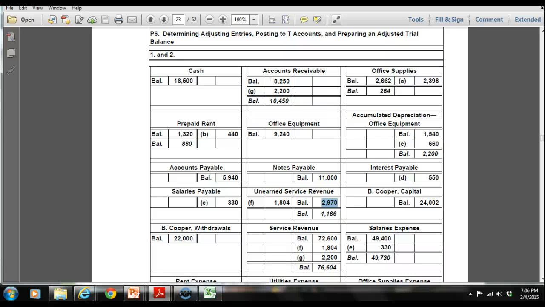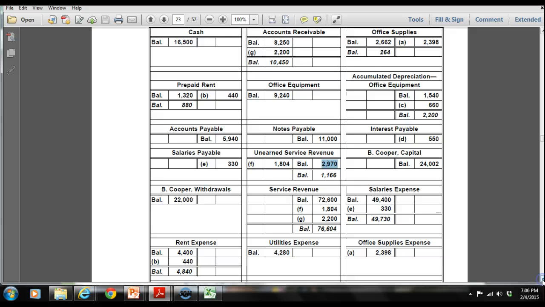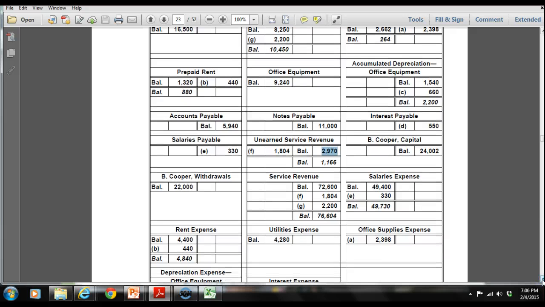Our office equipment didn't change, but our accumulated depreciation on our office equipment changed. It's a normal credit balance here because it's a contra account. If we add those two up, we should have a balance of $2,200. Our accounts payable, nothing changed there. Our notes payable, nothing changed there.